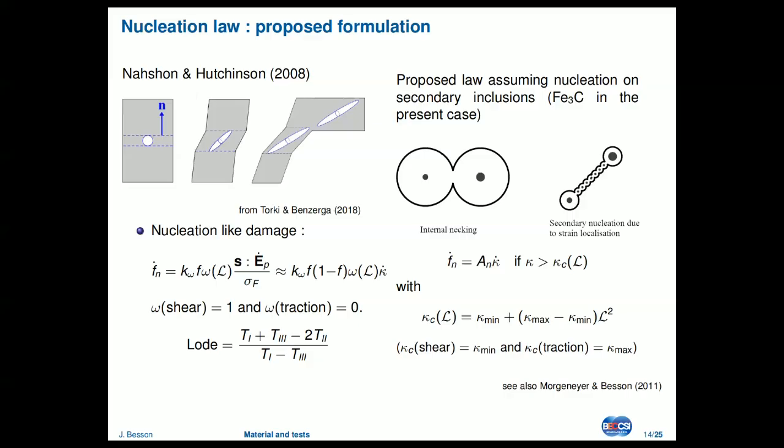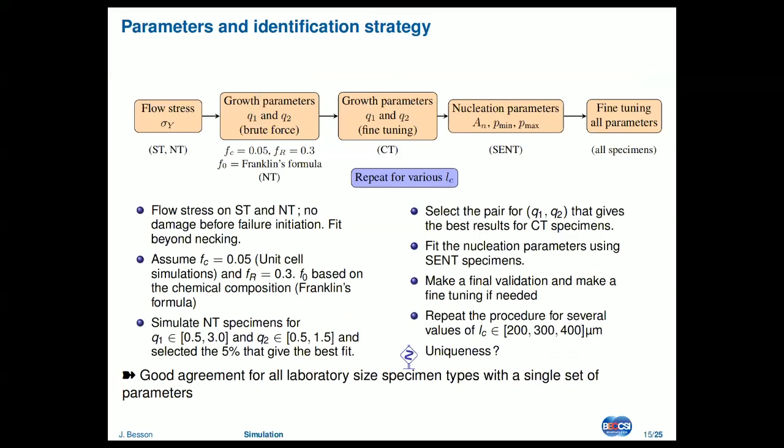And then we had to introduce a load parameter dependence on the critical strain at which secondary nucleation starts. So if the load parameter is 0, then the critical strain is lower than if the load parameter is close to 1. So you end up with a very complex model, and then you need to identify all the parameters.